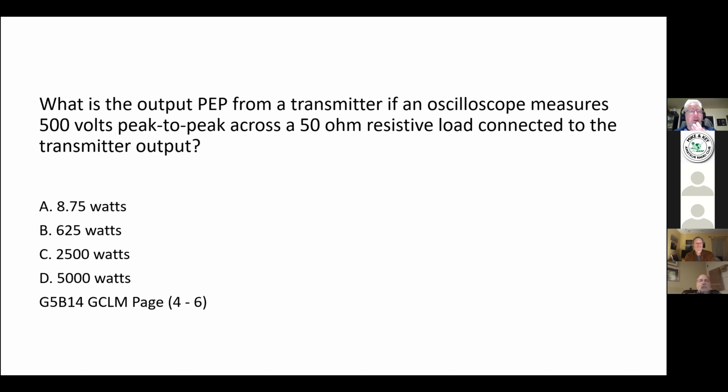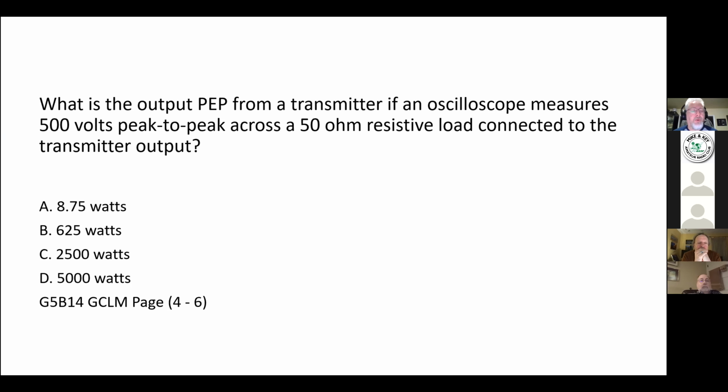What is the output peak envelope power from a transmitter if an oscilloscope measures 500 volts peak to peak across a 50 ohm resistive load connected to the transmitter output?